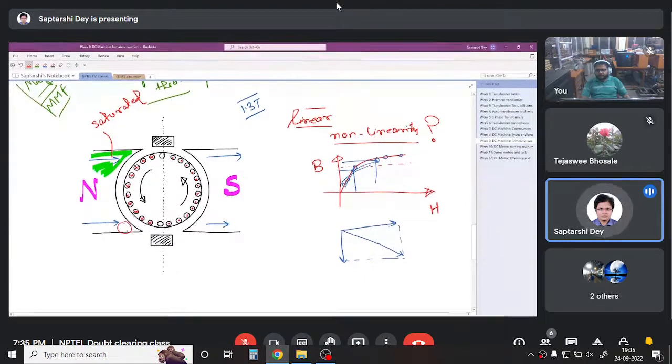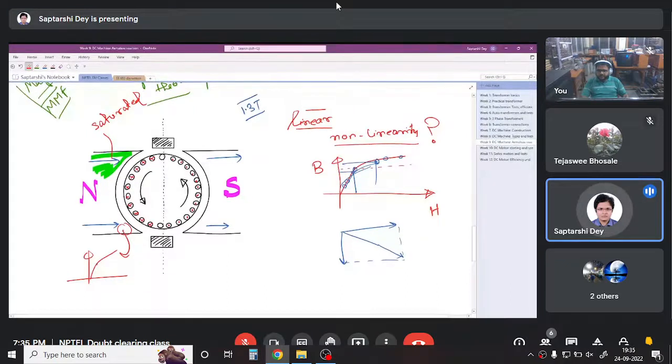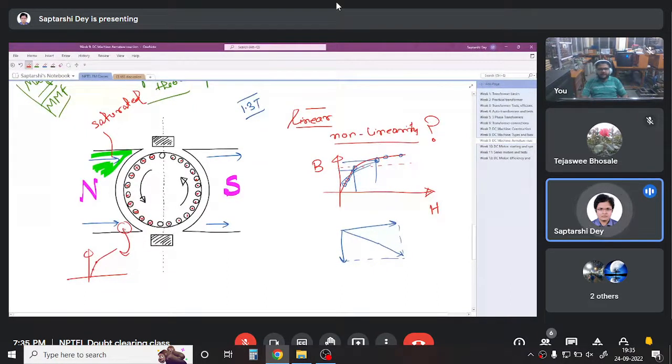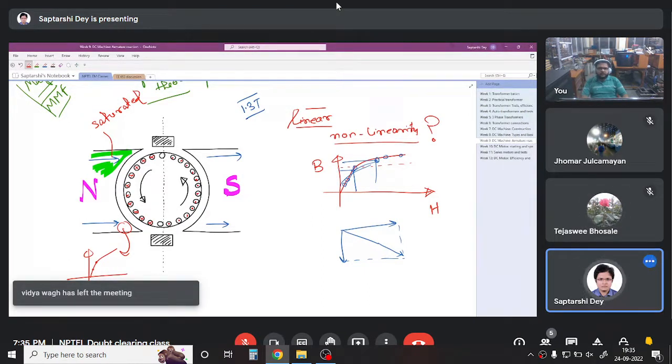Whereas this part of the iron, that previously was working somewhere here, comes here. So there also the linearity is not maintained anymore. So we cannot apply superposition theorem. Or in other words, we cannot say that although there is armature reaction, my total flux is the same.